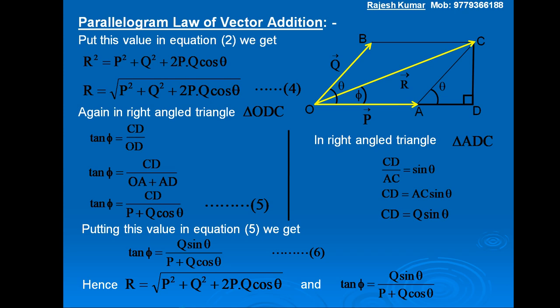So by using these two formulas, we can find the resultant of addition of two vectors, vector P and vector Q, inclined at an angle theta.